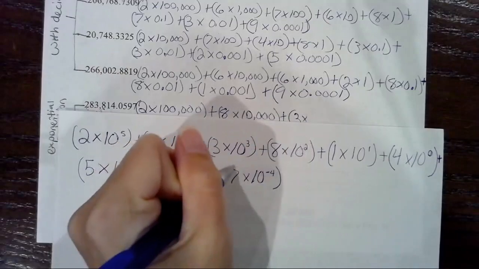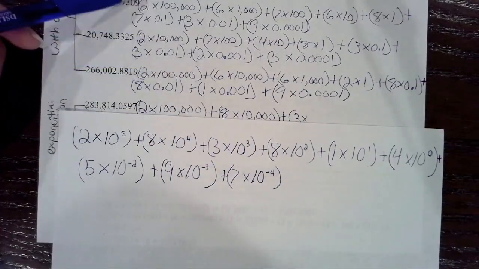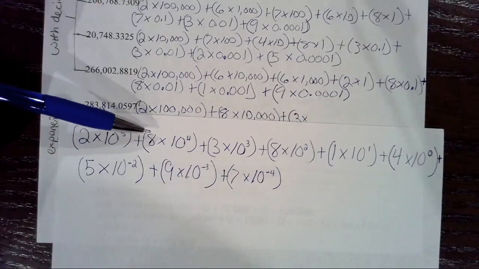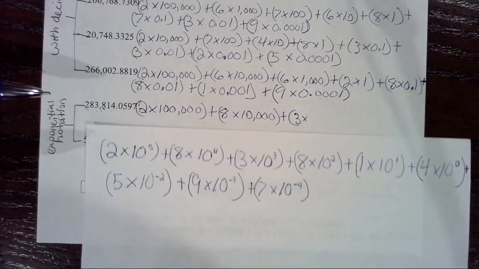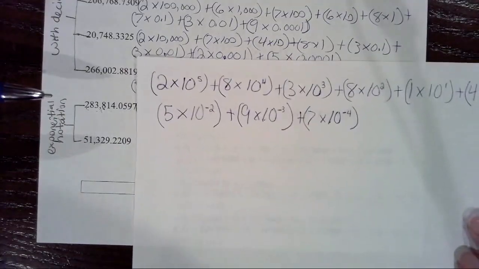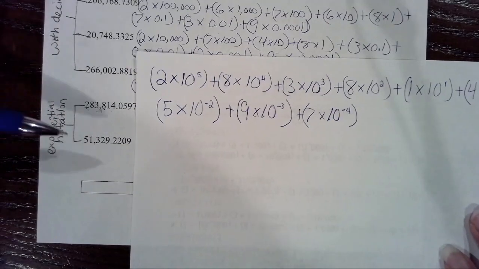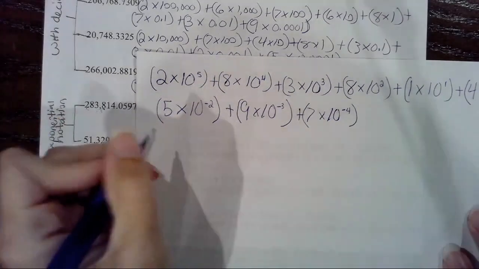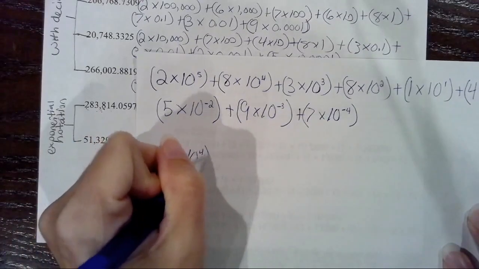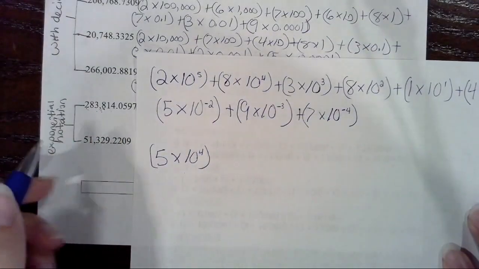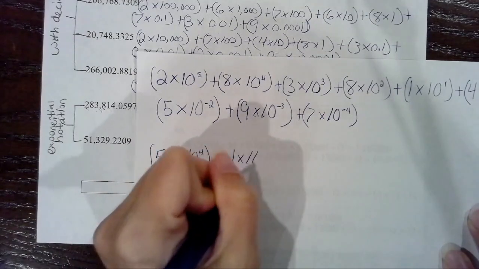So instead of writing all those zeros the way we did up here, we can write it in a shorter way using a power of 10. Alright, we're going to look at the last one that was exponential notation. So we have a 5 in the 10,000s place. So 5 times 10 to the 4th power is 10,000. 1 in the thousands place, so that would be 1 times 10 to the 3rd.